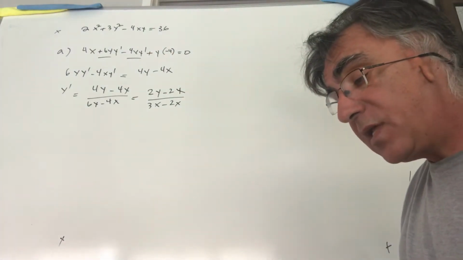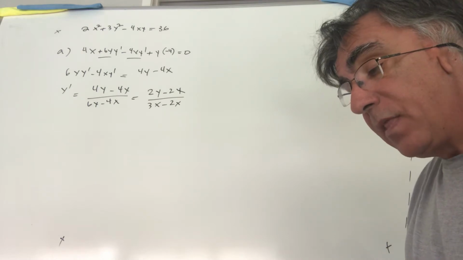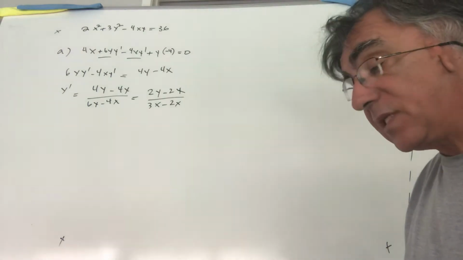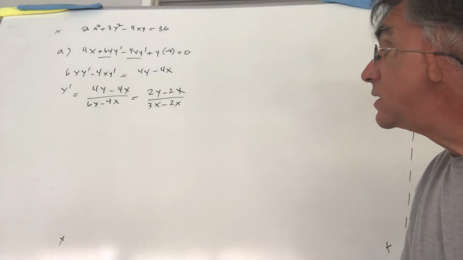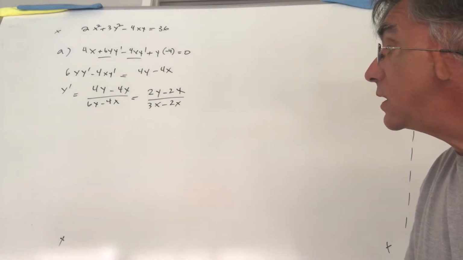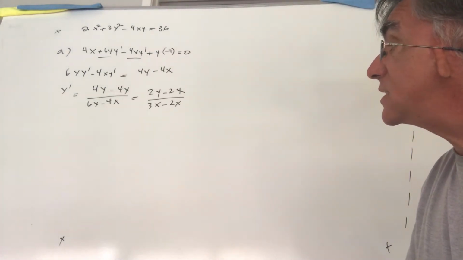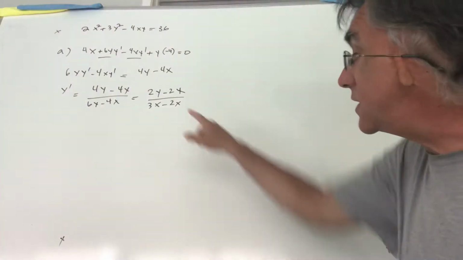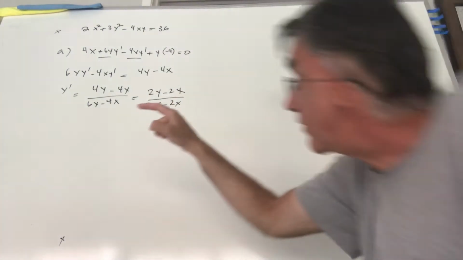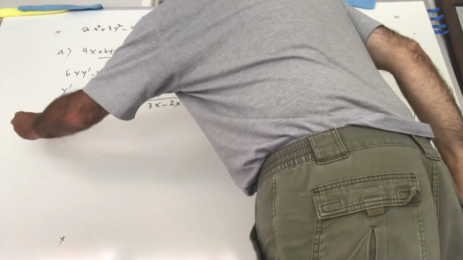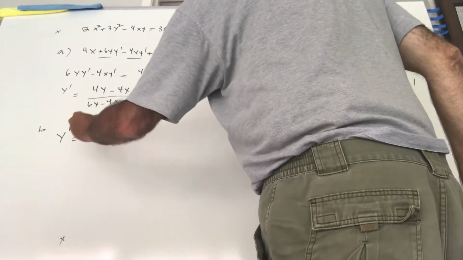Find the slope of a tangent line when x equals 6. Okay. If x is 6, what would y be? See, I could put 6 in here, no big deal, right? So this is the A question. So the B question seems like, oh, crap, what do I do?